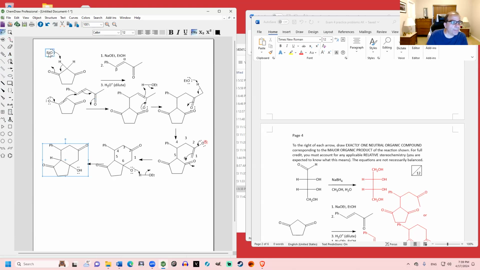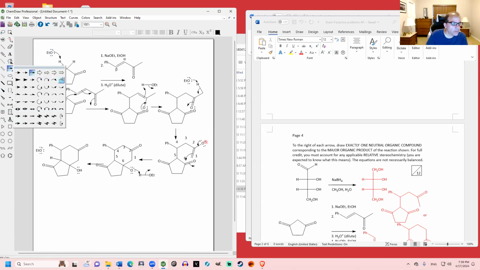So that will still happen with the same base. This could also happen under acidic conditions, but I want to use the mechanism that we used in class because that's what everyone's familiar with.